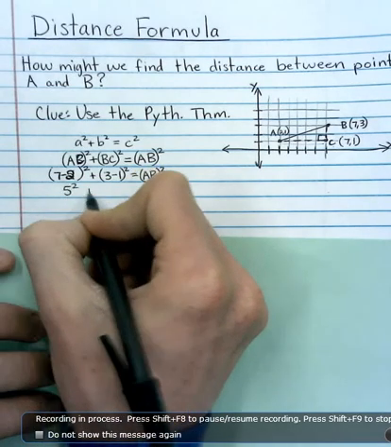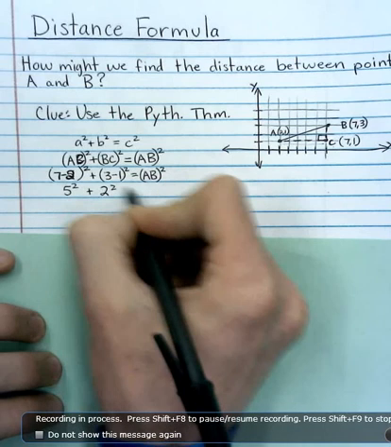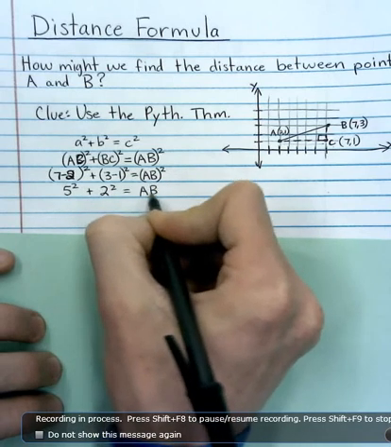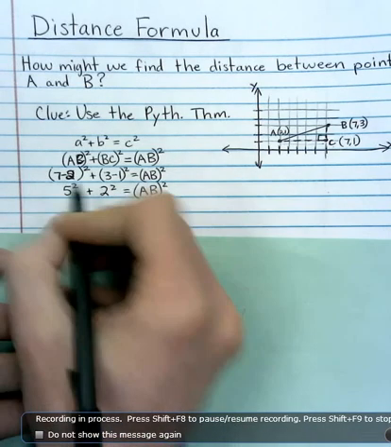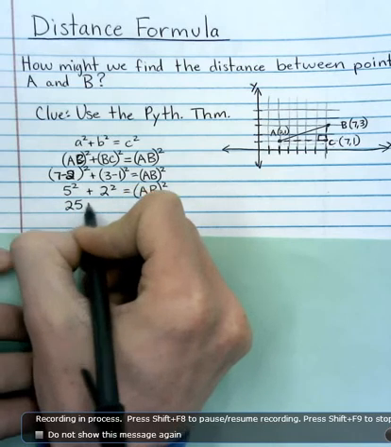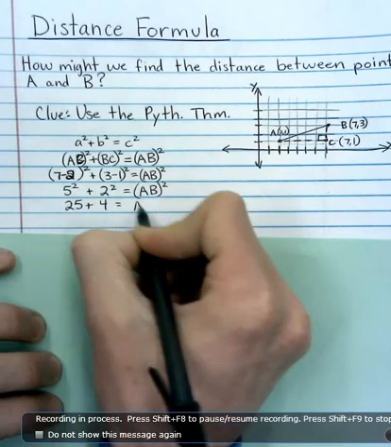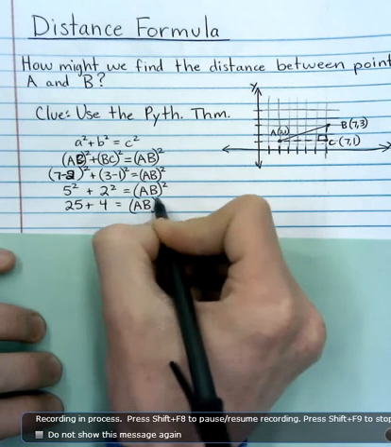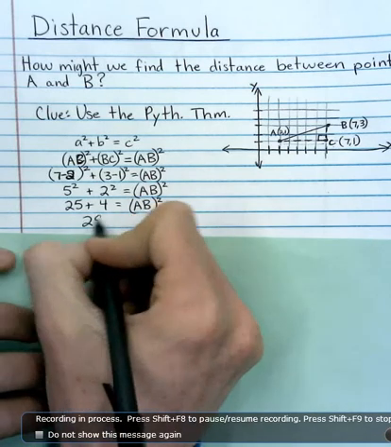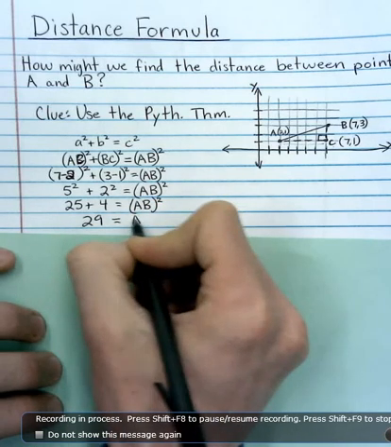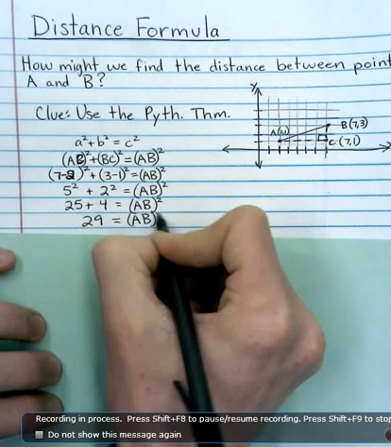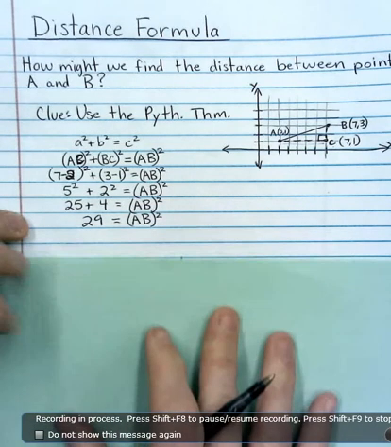So 5 squared plus 2 squared equals the length of AB squared. So 25 plus 4 equals AB squared. So 29 equals AB squared. And hopefully you remember how to solve for the side length AB.